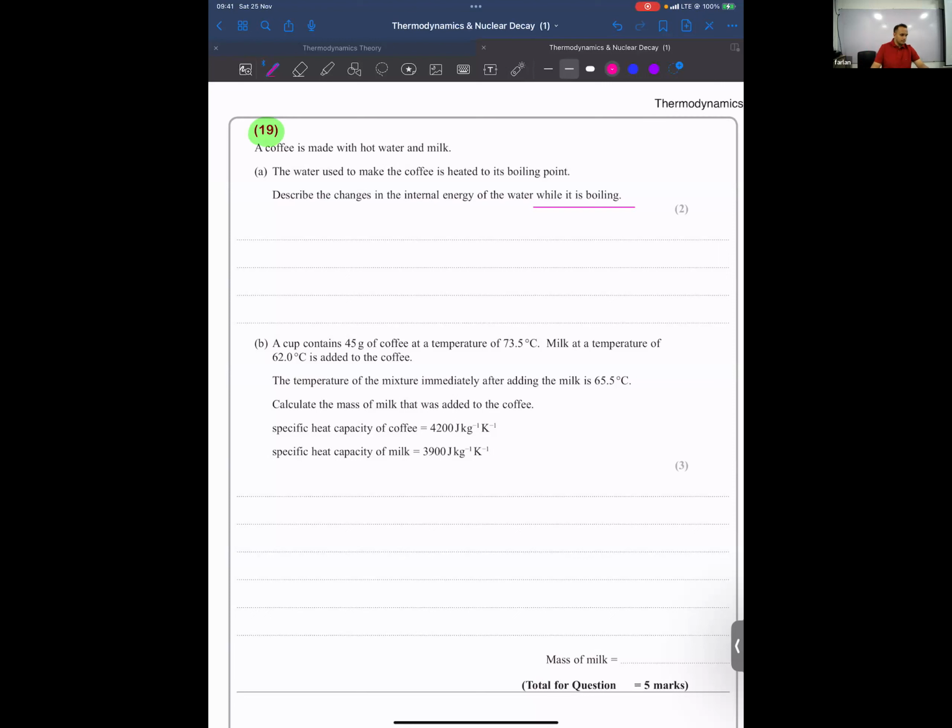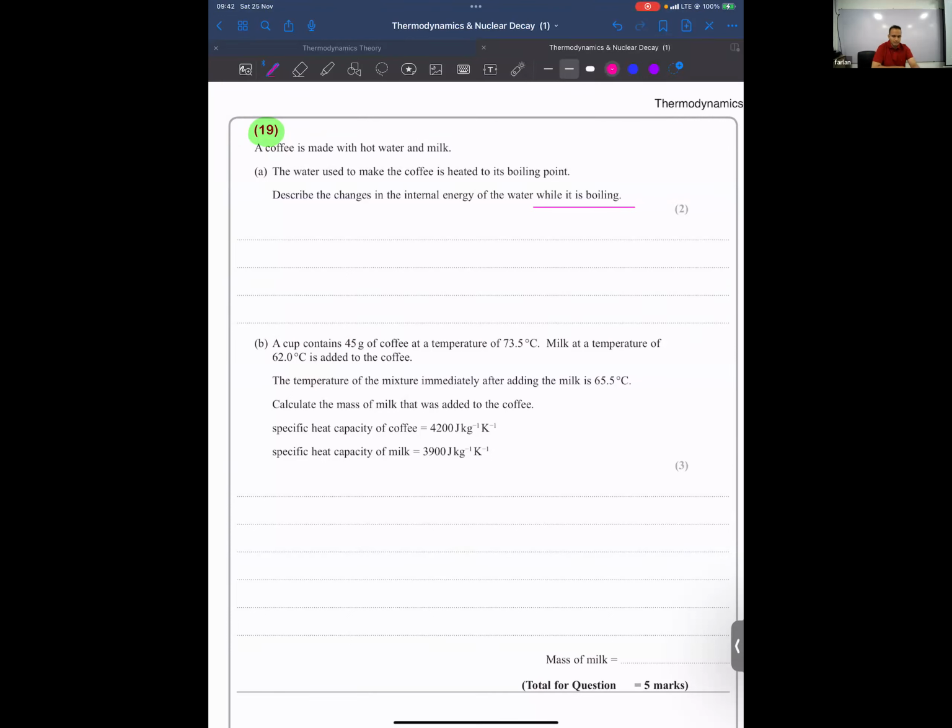Temperature is constant. Mean kinetic energy of the molecules will remain unchanged, or will remain constant.